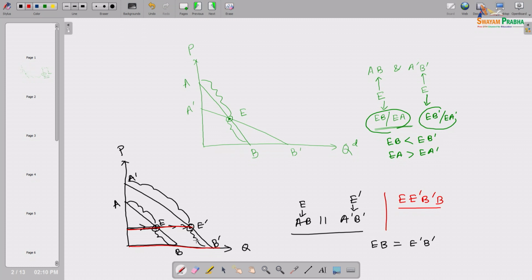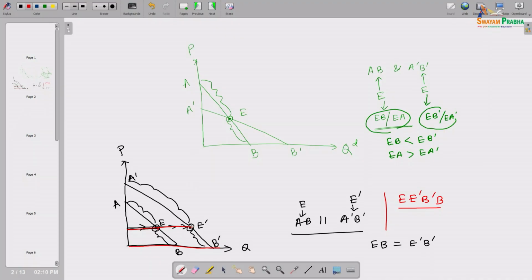So, for the elasticity at E point on the AB demand curve and at E prime point on the A prime B prime demand curve, the numerator value is the same, but the denominator is more in the case of the A prime B prime demand curve. So definitely elasticity is less at E prime point.